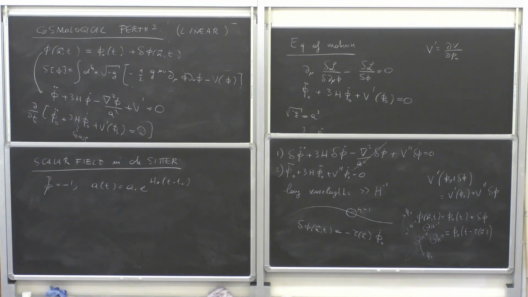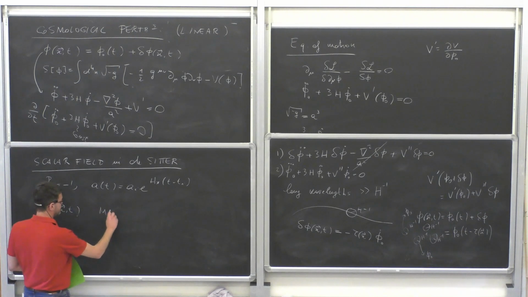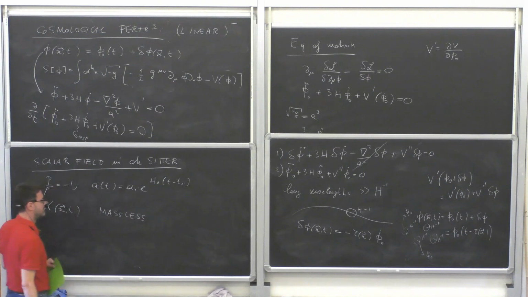So, in order to specify the fact that the scalar field is not necessarily the inflaton field, I want to call it in a different way. Let me call it chi, okay? Chi of x and t. And also, this scalar field is massless, even though I will break this assumption later on.